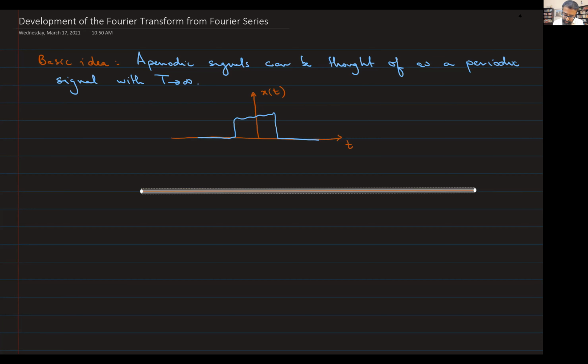That periodic counterpart looks like the following. This is x tilde of t. And this x tilde of t has the same shape, except that we start repeating it periodically, with some period T.